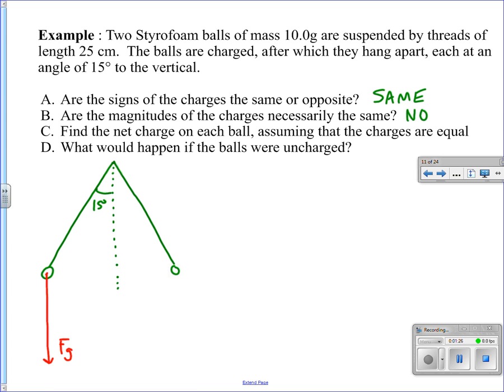There's a force of gravity. There's an electric force. That's the repelling force. And then there's a tension force. We should be able to take those 3 forces and draw a right triangle.